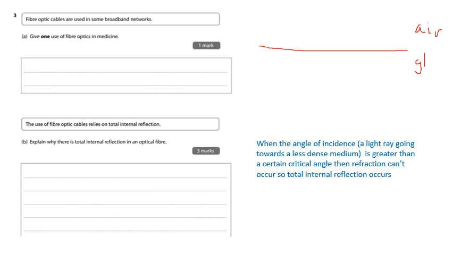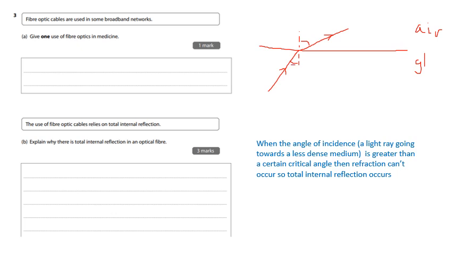Now, if we have a ray of light in the glass trying to get out, it refracts and bends away from the normal. When you go from more dense to less dense, you bend away from the normal. So there's that angle, and this second angle is bigger.